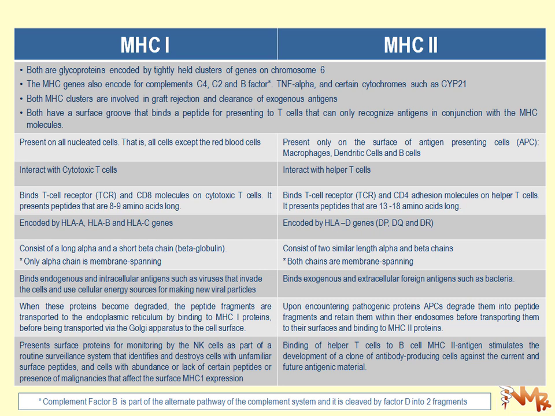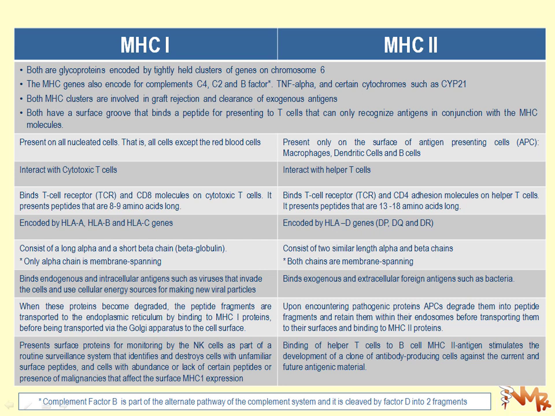I have a note here for you in case you are interested in factor B. Complement factor B is part of the alternate pathway of the complement system and is cleaved by factor D into two fragments, fragments A and B, and ultimately it causes activation of complement 3.